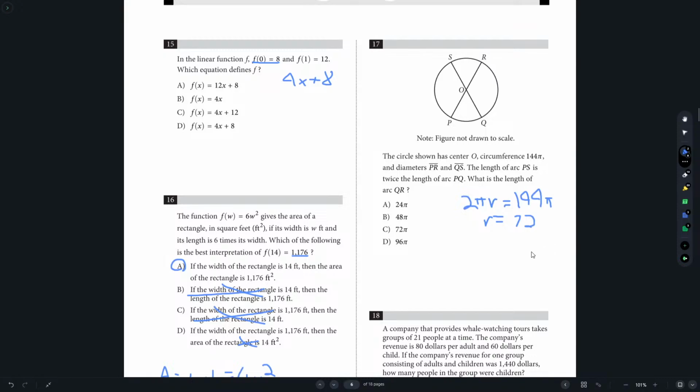Since the radius is 72, the length of arc PS is twice PQ. What is the length of QR?